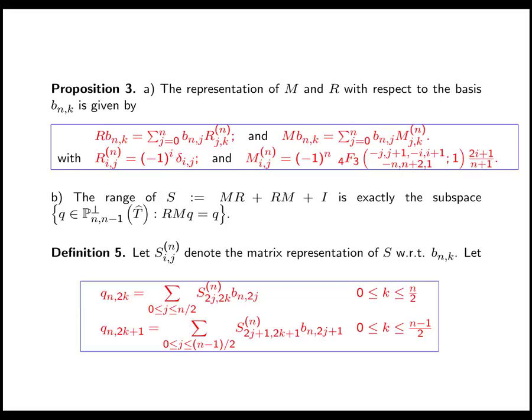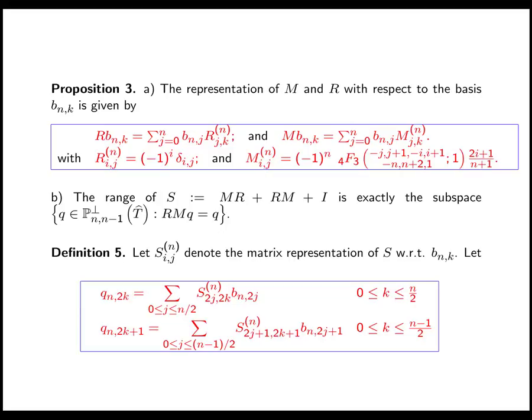One can prove that this is the image of this operator, which is quite simple. And this defines the matrix S, and then it is simply a basis transform. And the interesting thing is, if you have here even indices, you sum over the even rows and columns of the matrix, and here it's the other way around.